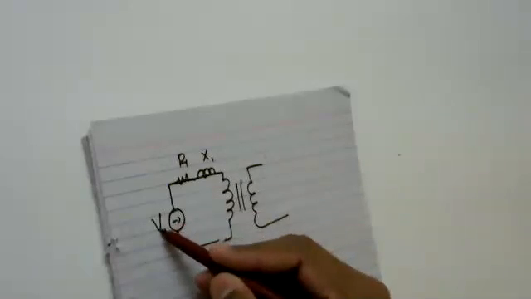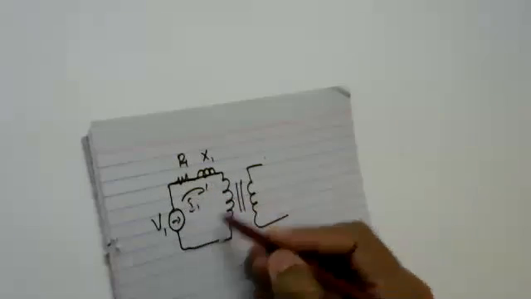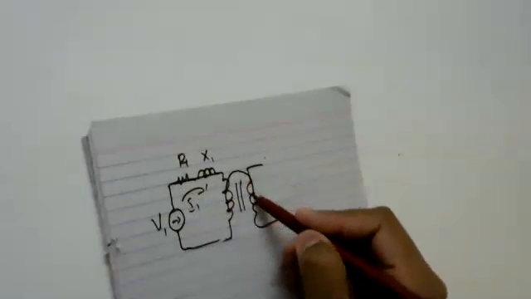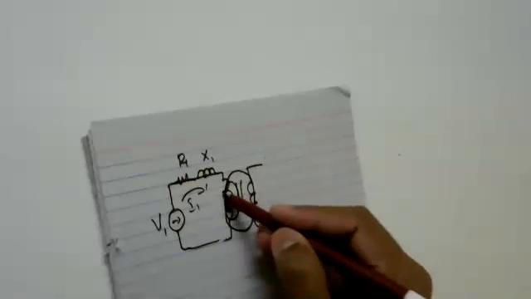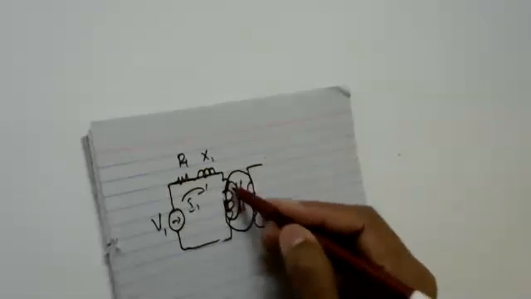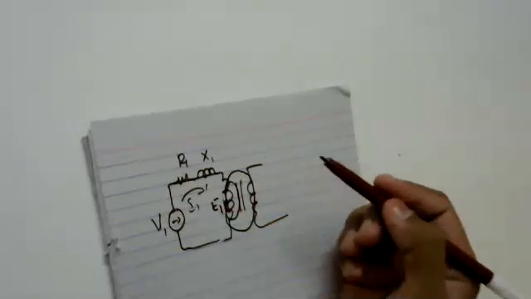When this primary voltage is applied, this loop is a closed loop. Some current I starts flowing in the circuit, which produces a flux phi1, which links with itself first and then with the secondary. The flux which links with itself is going to induce an EMF, which is nothing but E1, a self-induced EMF.